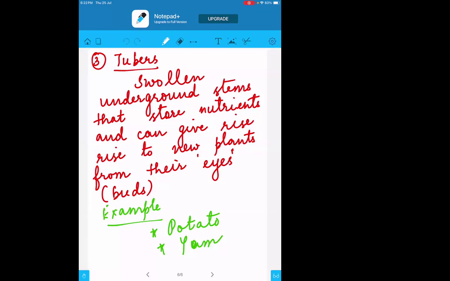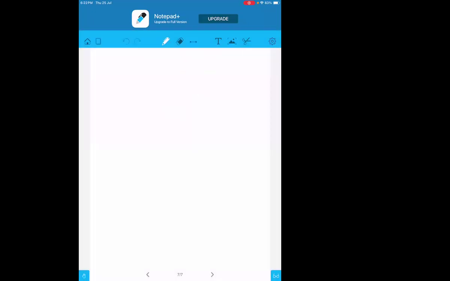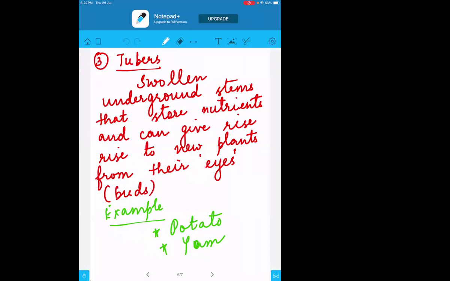Okay, so we'll go to the last one, the fourth one here, which is the bulbs. What might be the second example of bulbs? Onions, yeah, correct.